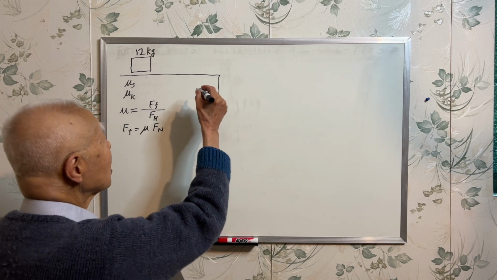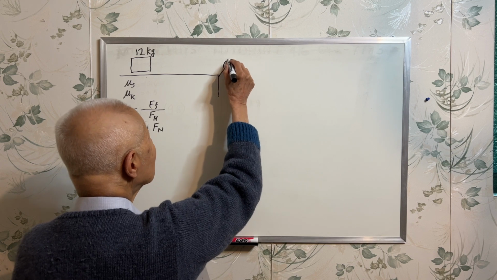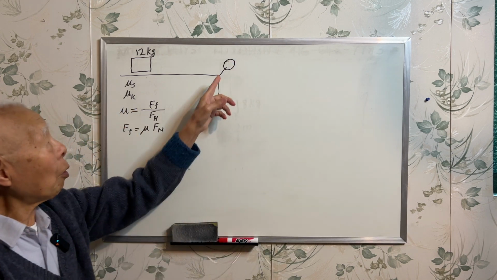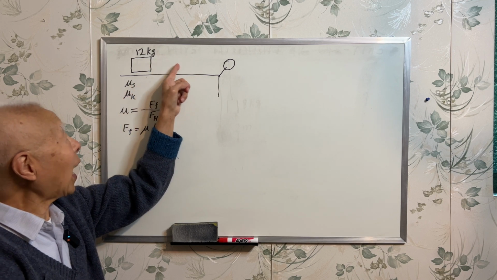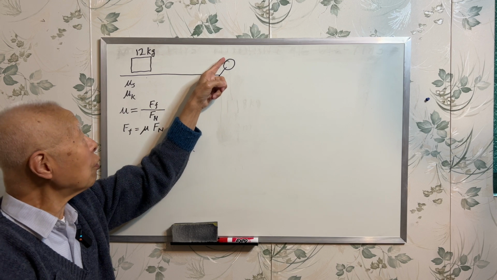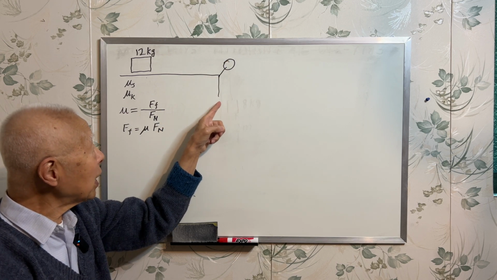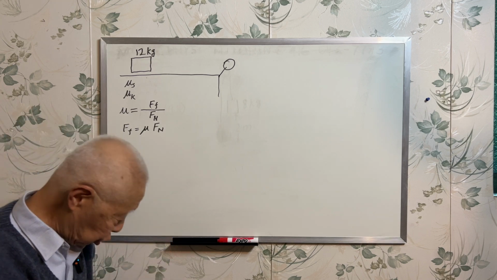There is a pulley here, and this mass is tied by a rope over the pulley and tied to another mass. Let me draw that out.